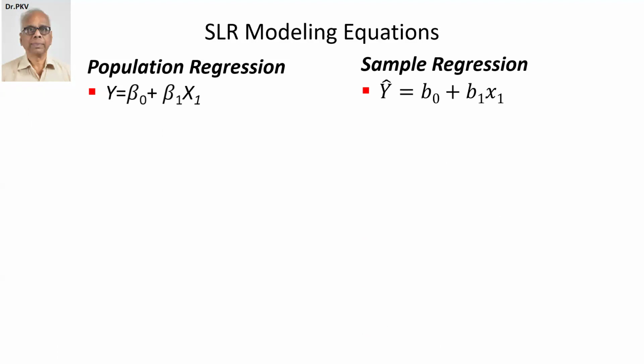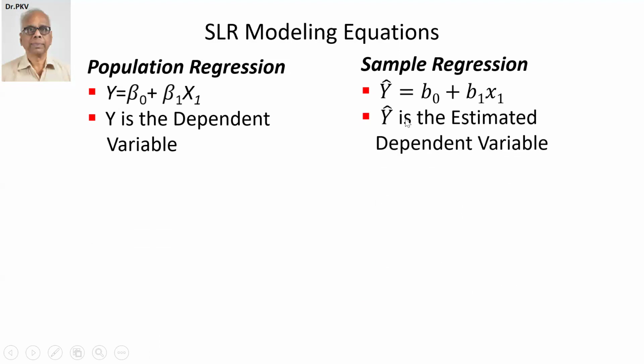They are described as a linear equation. Y is the dependent variable, capital Y, and in the population regression, y is the dependent variable. In the sample regression, y hat is the estimated dependent variable for the sample data or the data set that is given to you or me to analyze.